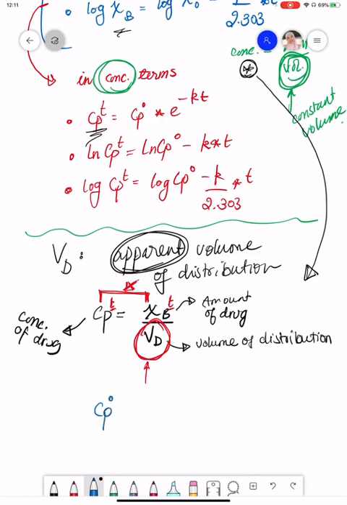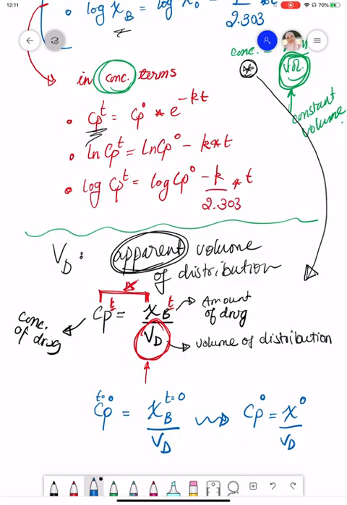At time equals 0, over volume of distribution, it's the same: our initial concentration equals the initial amount over VD.